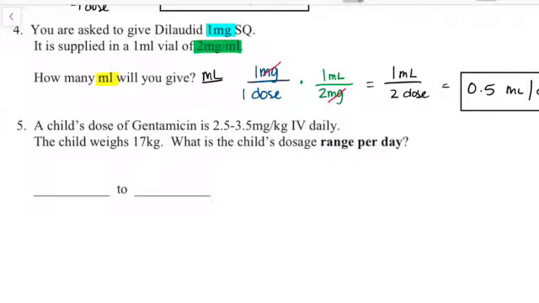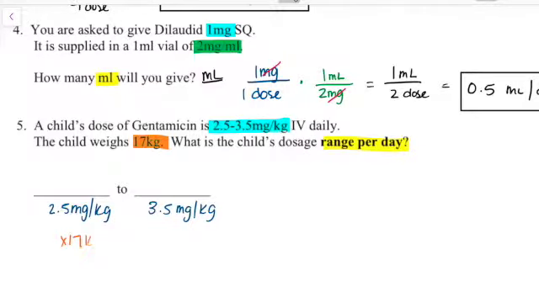Number 5, a child's dose of gentamicin is 2.5 to 3.5 milligram per kilogram IV daily. The child weighs 17 kilograms. What is the child's dose range per day? So we need to look at the lowest range, which is 2.5 milligram per kilogram, and the highest, 3.5 milligram per kilogram. So we'll multiply 2.5 by 17 kilograms to get the lower range.